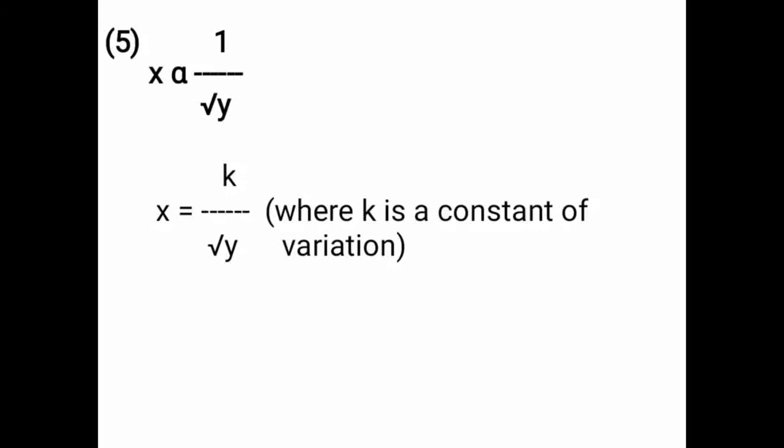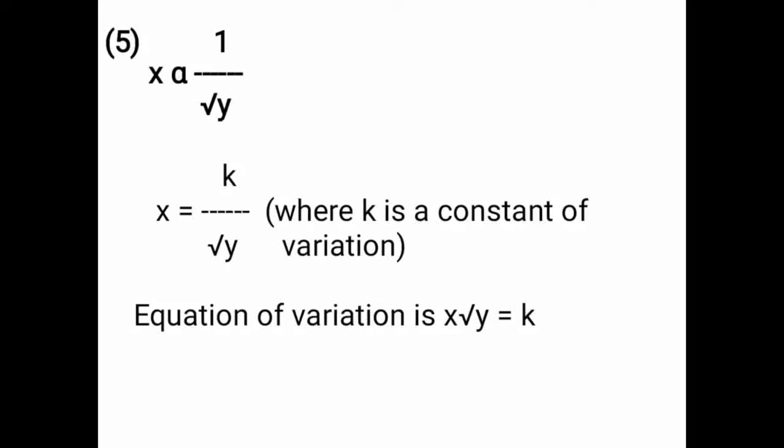X is equal to k upon square root of y, where k is a constant of variation. And then after that you have to write the equation of variation form. Equation of variation is x square root of y is equal to k. When you are writing the equation of variation in inverse variation, you have to take cross multiplication. X into square root of y is x square root y is equal to k. This is the meaning.